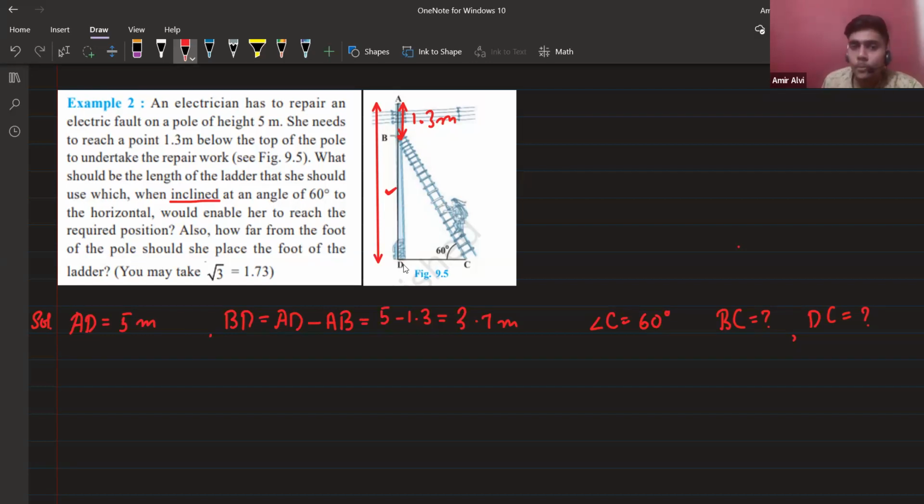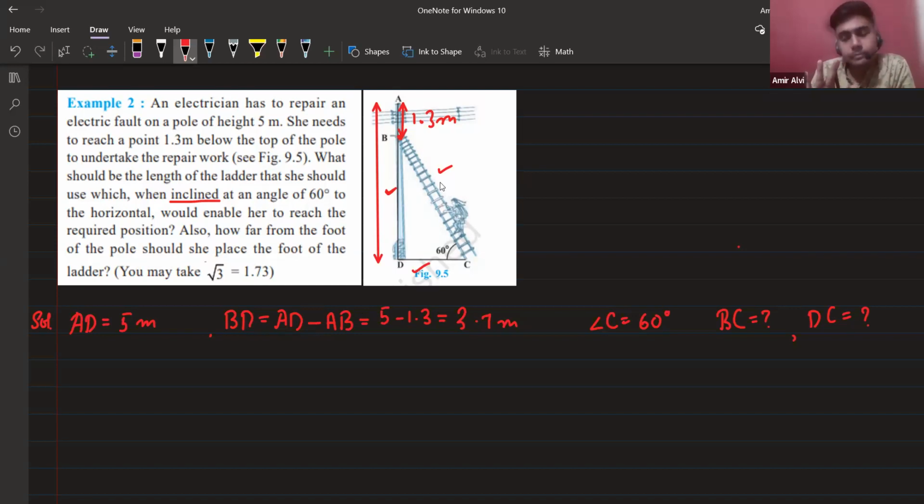You have two options. There are two ratios which include the perpendicular term: the first one is sine, the second one is tan. You need to find the length and the base distance. Either you can use tan to find the base first, and then find the length of the ladder. You can go either way, it's up to you.